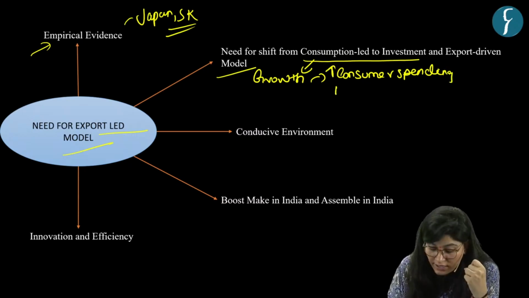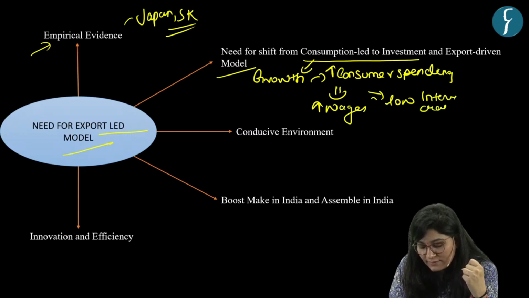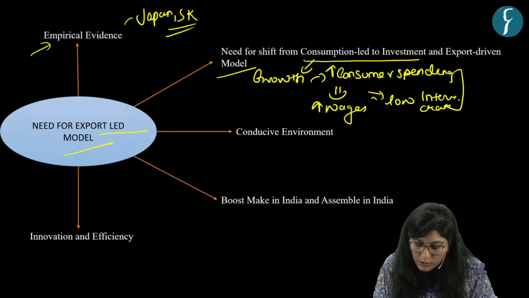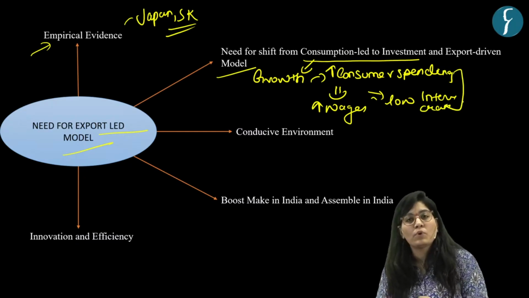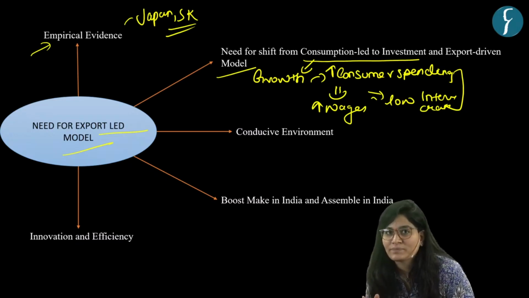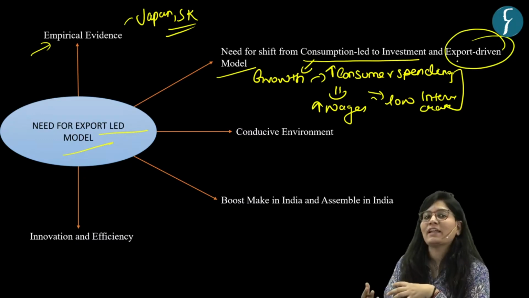Because there's a rise in wages and because of low interest rates. So there's high consumer spending. So this economic growth is basically dependent more on domestic spending and consumer activity. Okay. Second, we have the export led or investment led model.